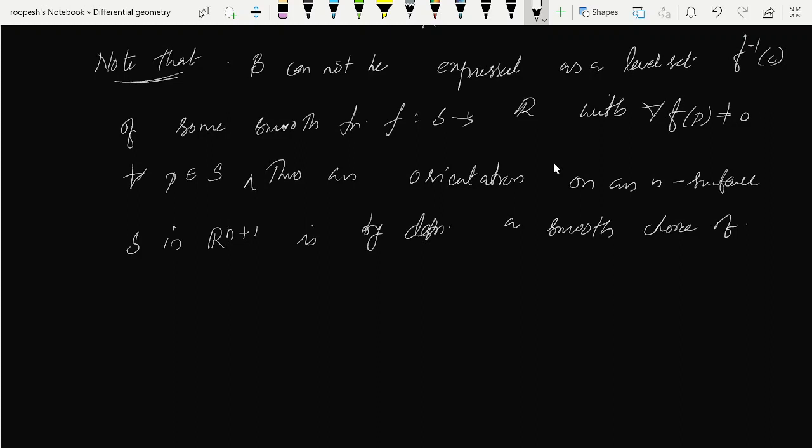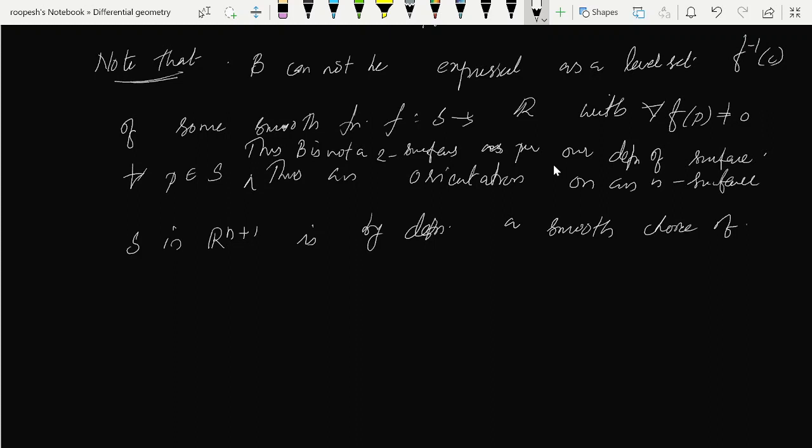Here we should add, thus B is not a two surface as per our definition of surface. So this has to be noted.